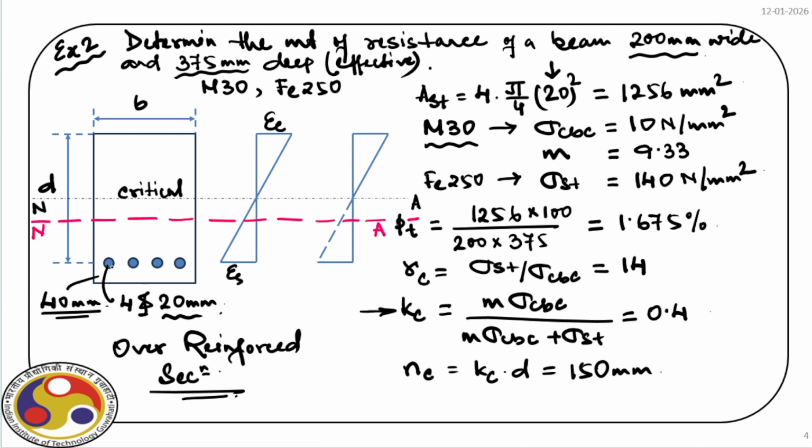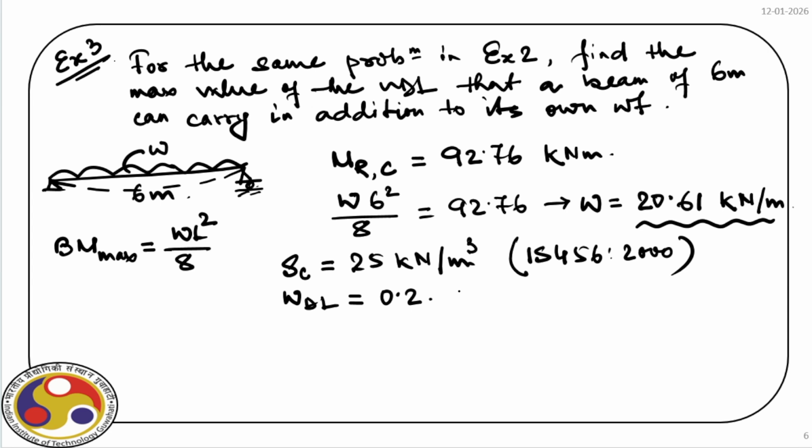So 40 plus half the diameter, that is 10, we have to add this D effective to get the complete depth. So for us, complete depth is 0.375, or let me write 375 plus 10, that is half the diameter of the bar, plus say 40 millimeter.